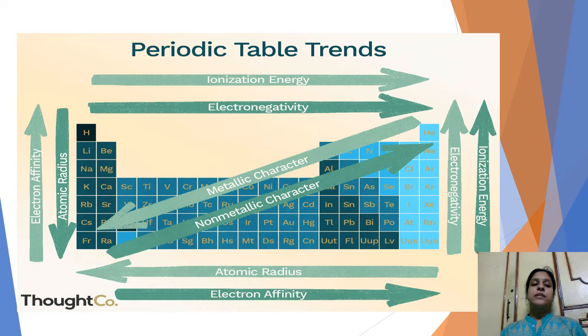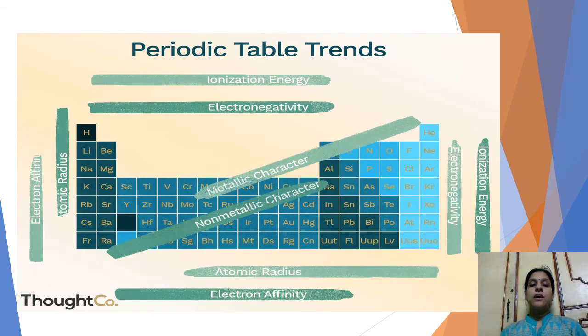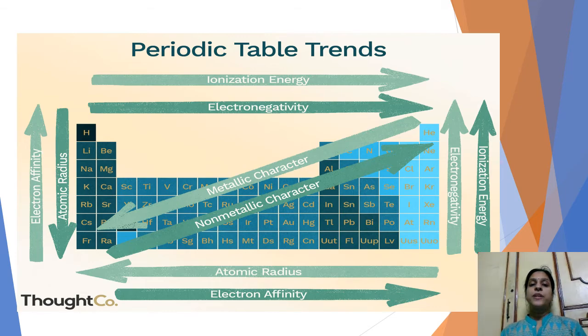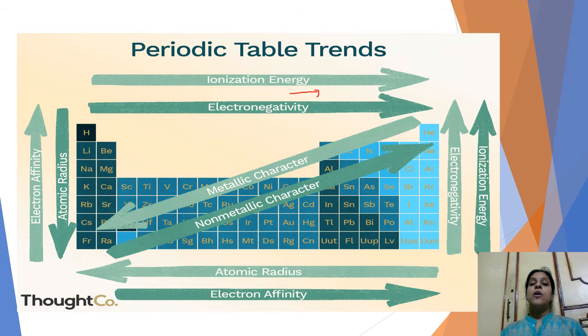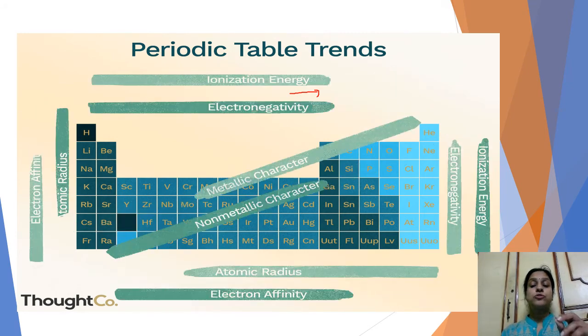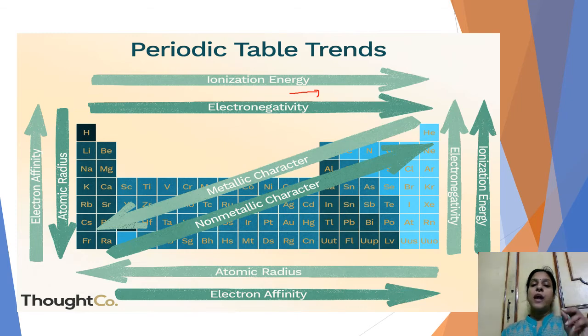The next one is a very simple one, you can see here the periodic table trends. Ionization energy, see, it goes on increasing. Ionization energy is basically the energy or the enthalpy which is required to remove the electron from the outermost shell of an isolated gaseous atom.